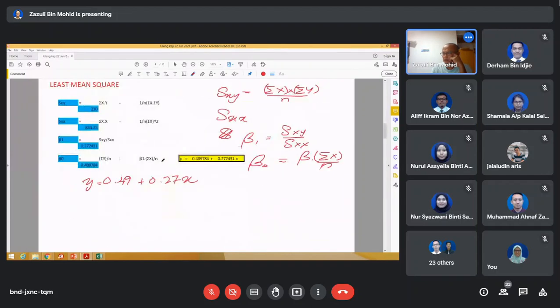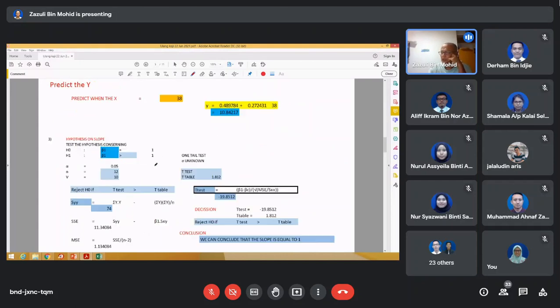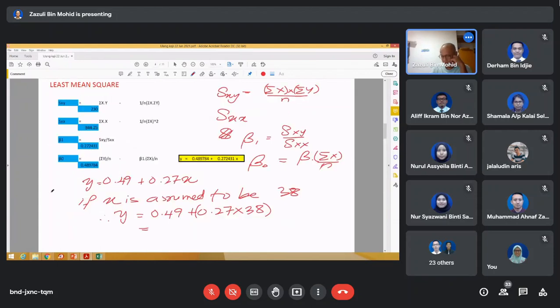So for that you have to write down, if x is assumed to be 38, y equals 0.49 plus 0.27 times 38, equal to how much? In this answer we got 10.84. You have to write down 10.84.